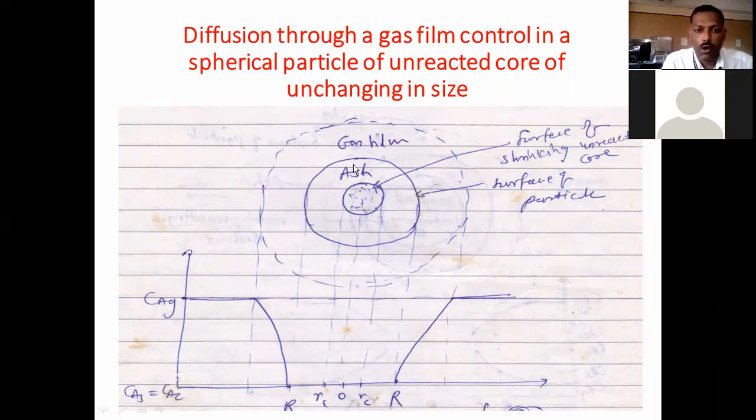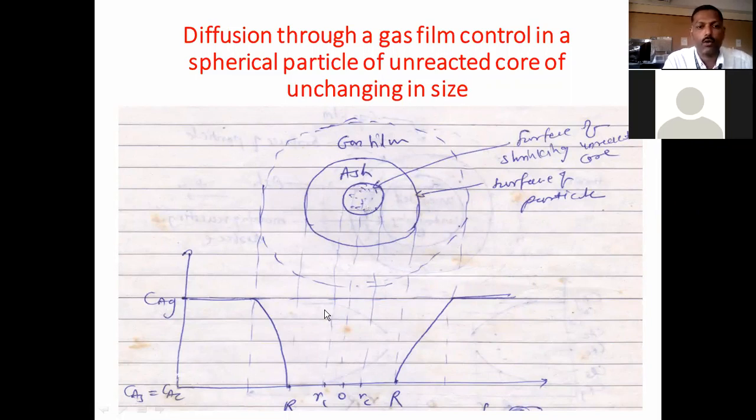The radius of the ash layer boundary and shrinking unreacted core we consider as RC. So RC will change from capital R to 0. After all the conversion, the unreacted core will disappear.